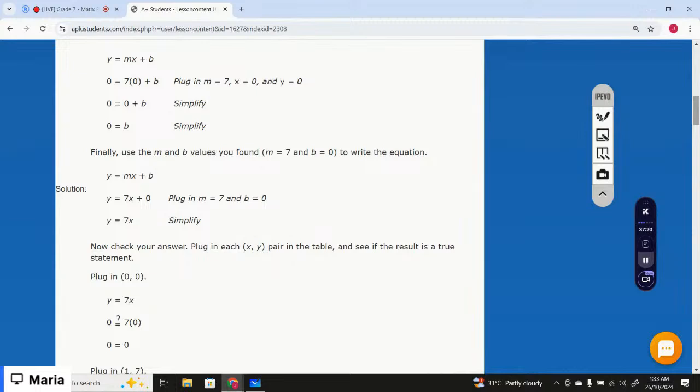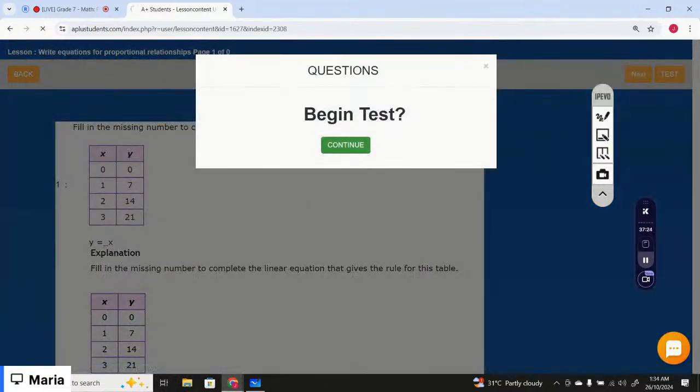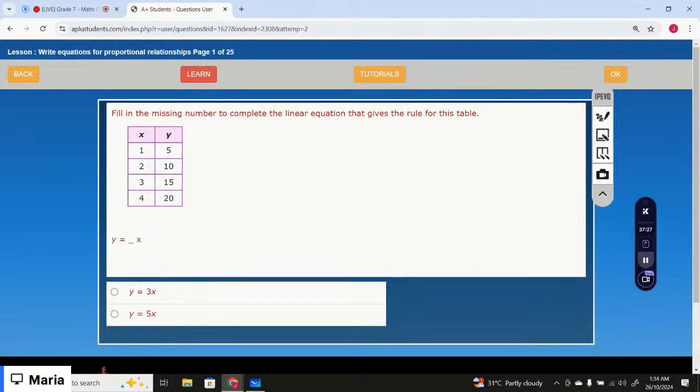Let's just start with the test questions. Fill in the missing number to complete the linear equation that gives the rule for this table.